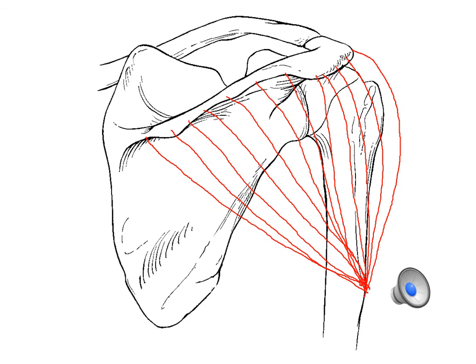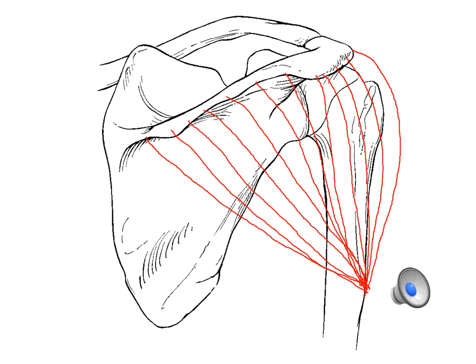So let's start with the AP axis. And I want you to look at the inferior fibers of the posterior deltoid. Because these fibers lie inferior to the AP axis, this will cause adduction at the glenohumeral joint.